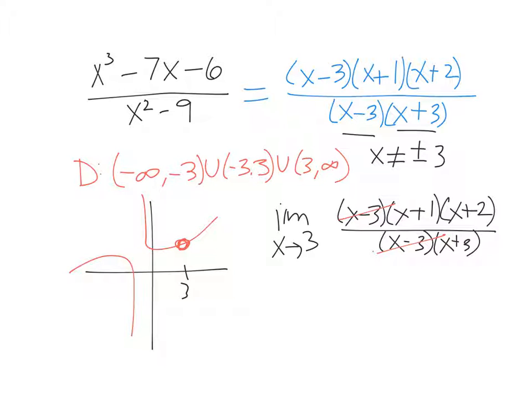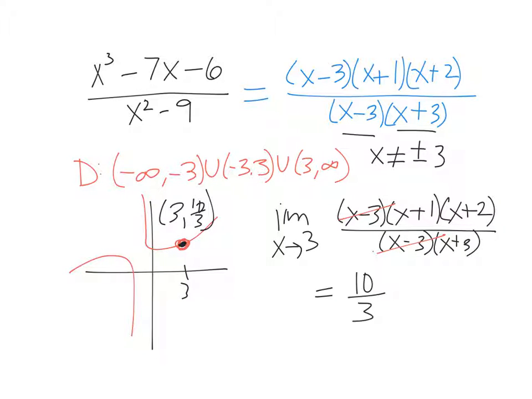So then we can plug 3 into what's left, and if we do that, we get 10/3. So the coordinates for the point I want to fill in are 3 and 10/3. That coordinate fills that hole at that exact precise location.